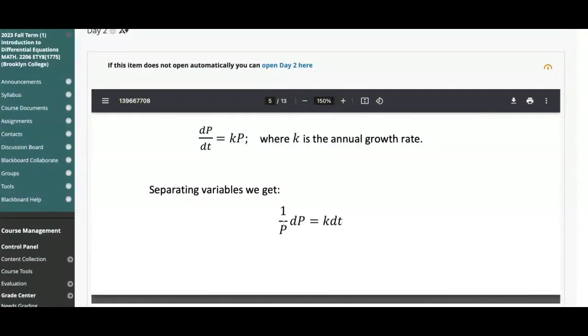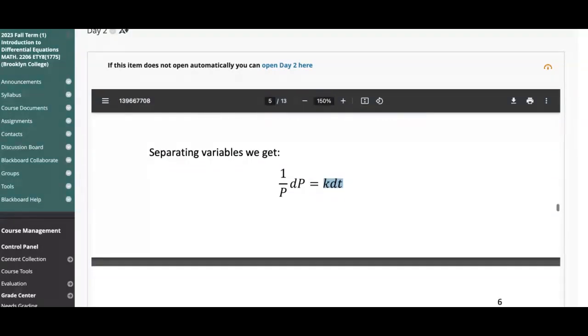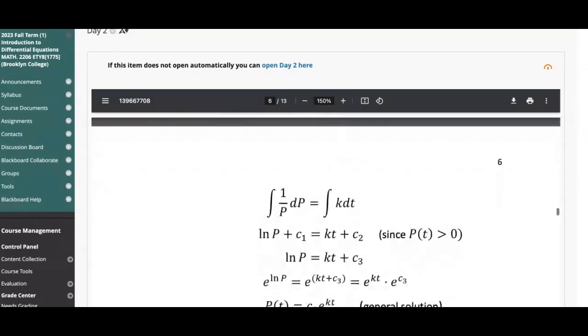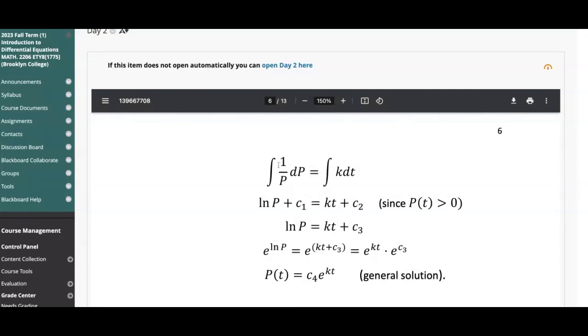Separating the variables, we get 1 over p dp equals k dt. Integrate both sides. We get ln of p plus a constant equals kt plus a constant.